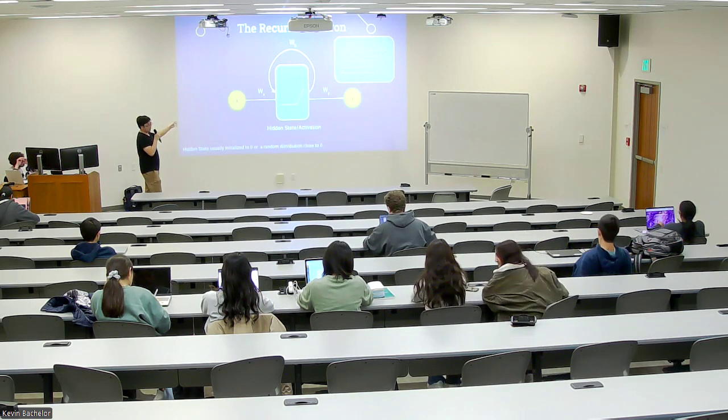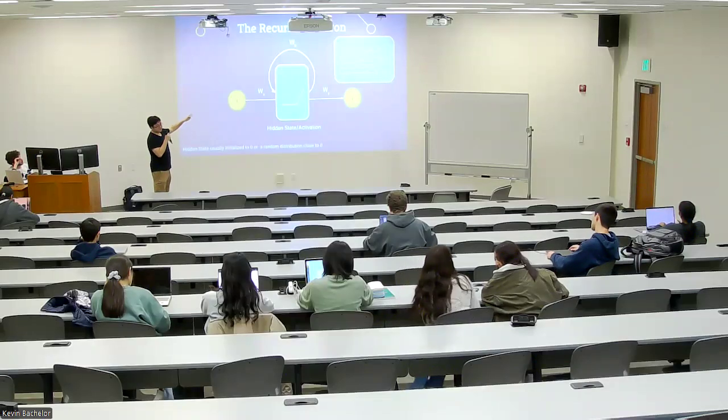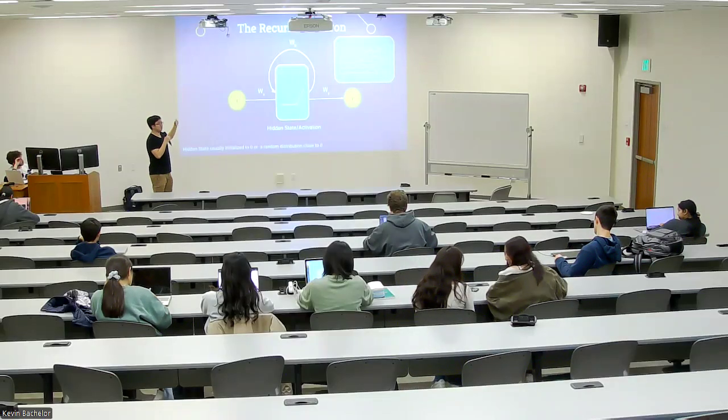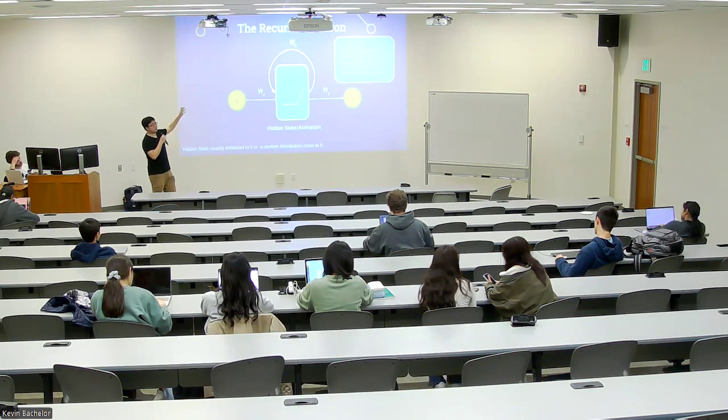So you have the X multiplied by the W, this is the WX for the weights for the input, plus the hidden state, which is that activation at the previous time step, times WH, and you add those together. So it's a factor of both.